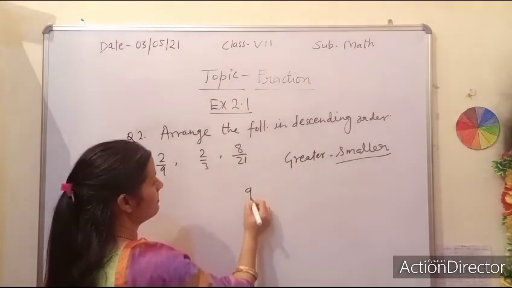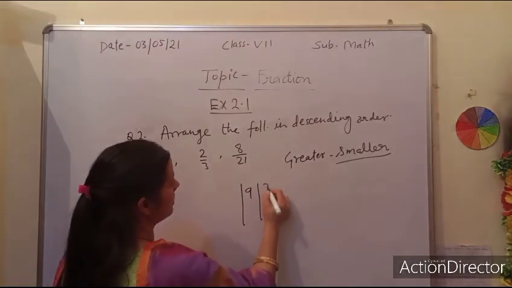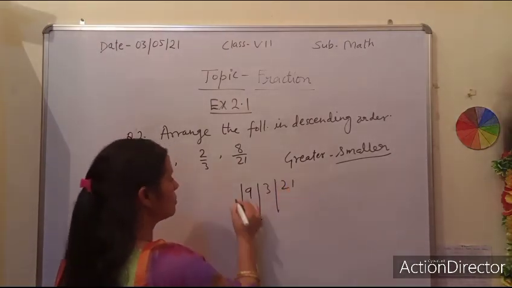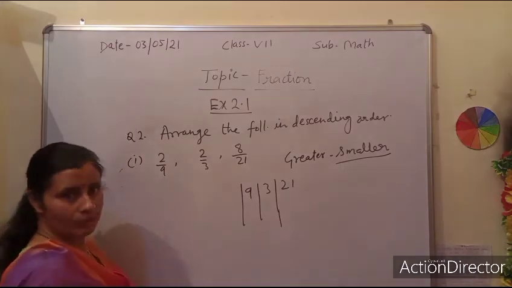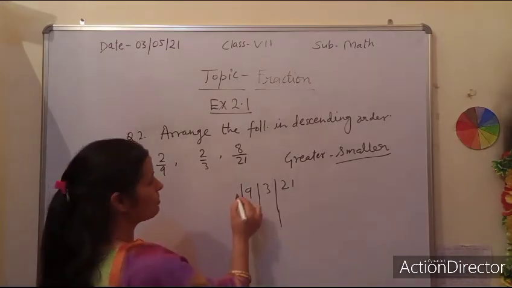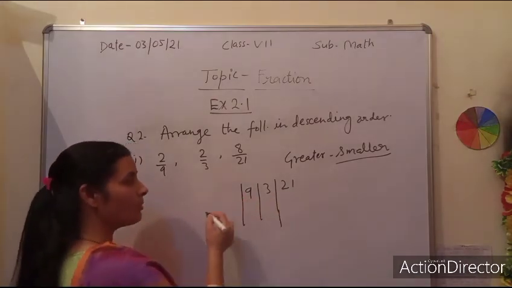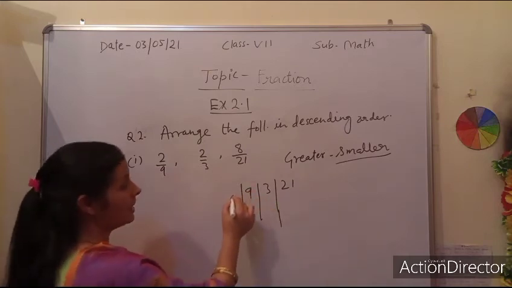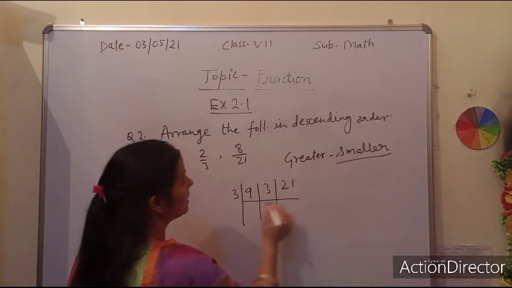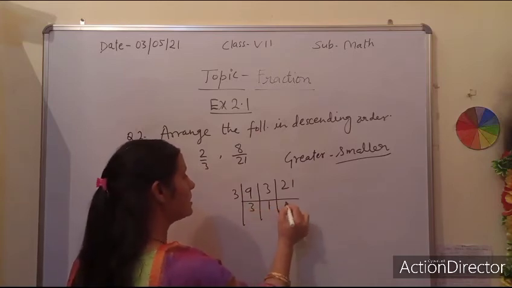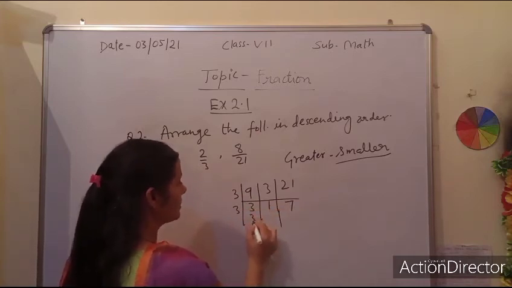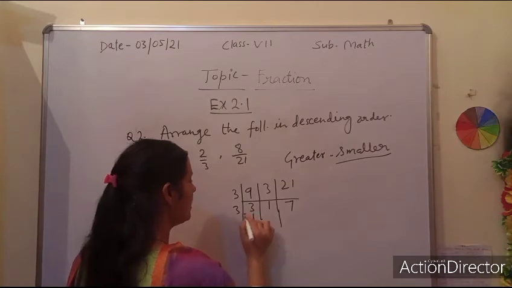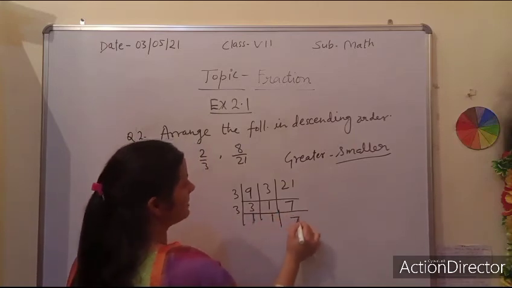Now I am trying to find the LCM of these numbers. LCM is done by prime factorization. First we start with 3, because these numbers cannot be divided by 2; they are all odd numbers, not even. So we start from 3. 3 threes are 9, 3 ones are 3, 3 sevens are 21, so 3 divides them, leaving 3, 1, 7.